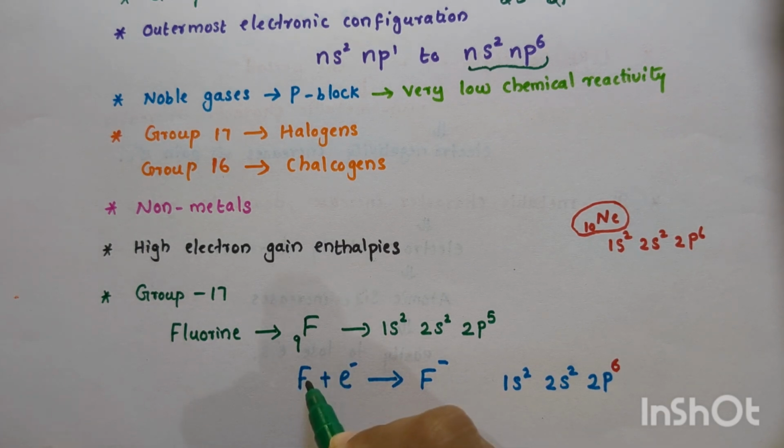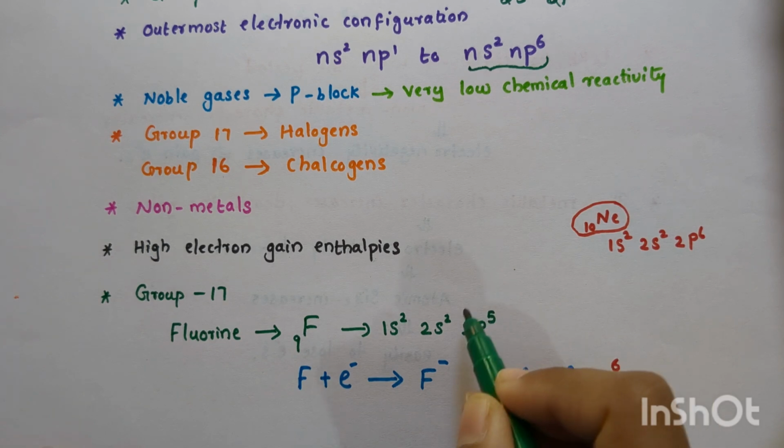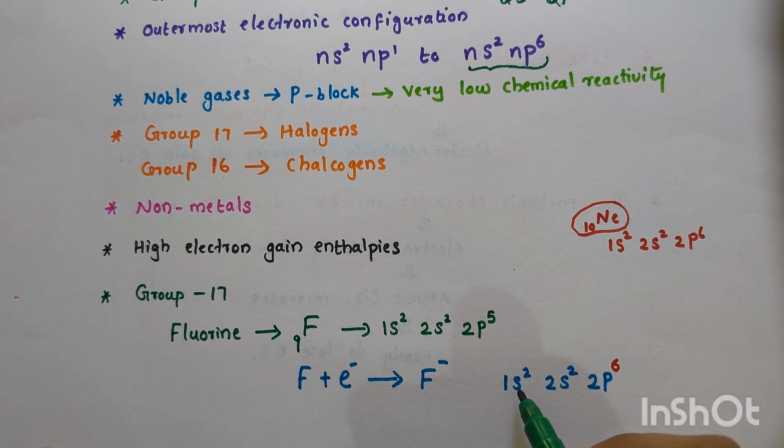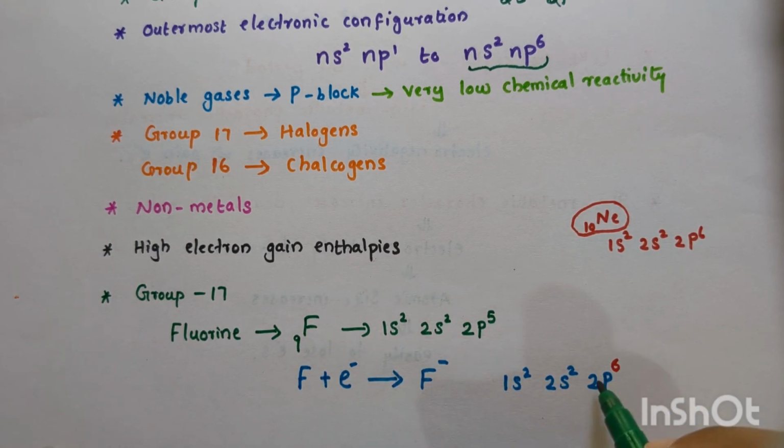It gains 1 electron and becomes a fluoride ion, F minus. Now fluorine has 1 extra electron, so its electronic configuration becomes 1s2 2s2 2p6. Earlier it was 2p5; when it gained 1 electron, it now has 6 electrons in the 2p shell.